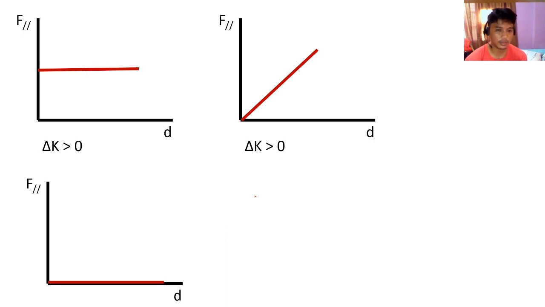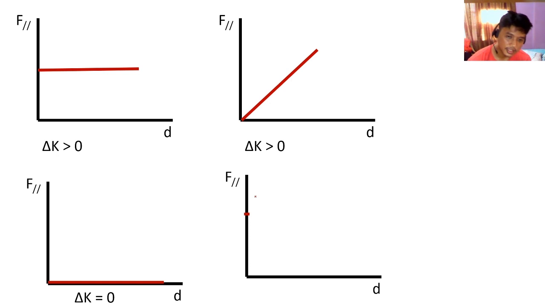But no acceleration means the object is moving at constant velocity. And if the velocity is constant, then there is no change in kinetic energy. So the change in kinetic energy is zero. In this case, there is a force applied and it's positive, but there is no displacement.